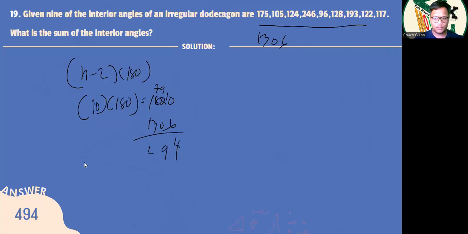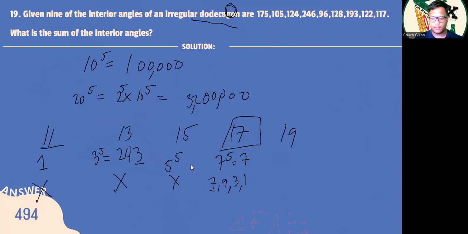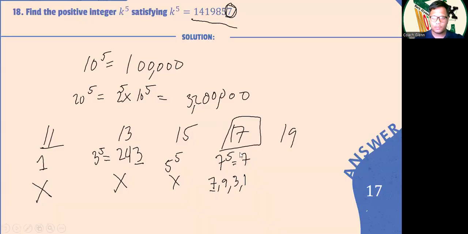If there are no more questions, then someone's requesting for number 18. Let me show that again. So this was the formula for 18. Dodecagon is 12 sides.